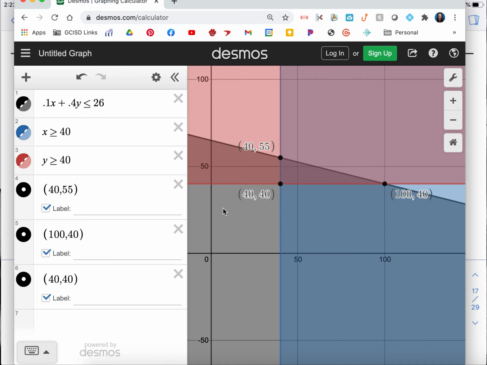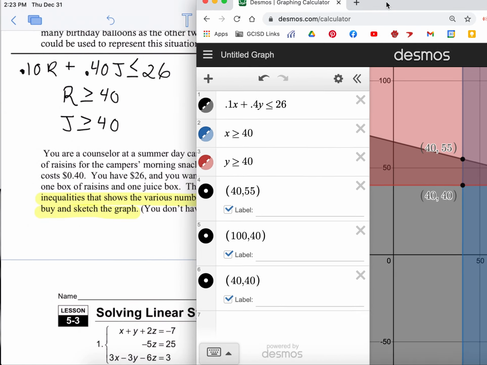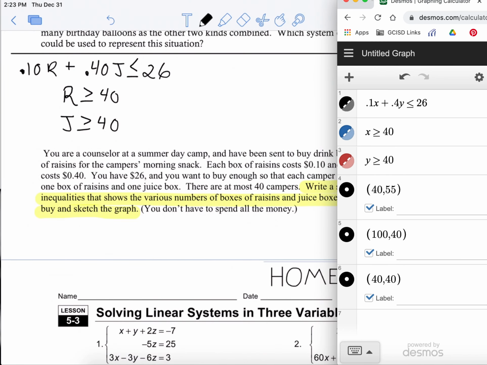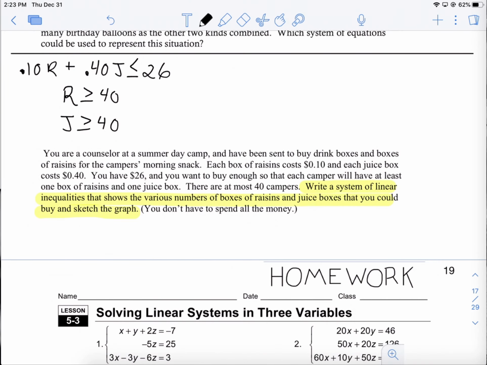We're going to sketch this triangle on our paper. Let me move him out of the way. Here's what that's going to look like. Only focus on the first quadrant. We're going to draw plus signs that look like this. And then we're going to draw a diagonal that looks like this.